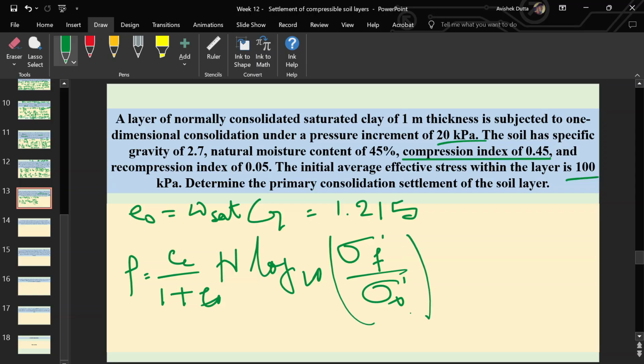Now sigma f is how much? 120, because 100 plus 20. This value is how much? 100. What is the value of H? H is 1. Cc is 0.45. Okay, putting all the values over here, approximately 16.08, something like that you will get.